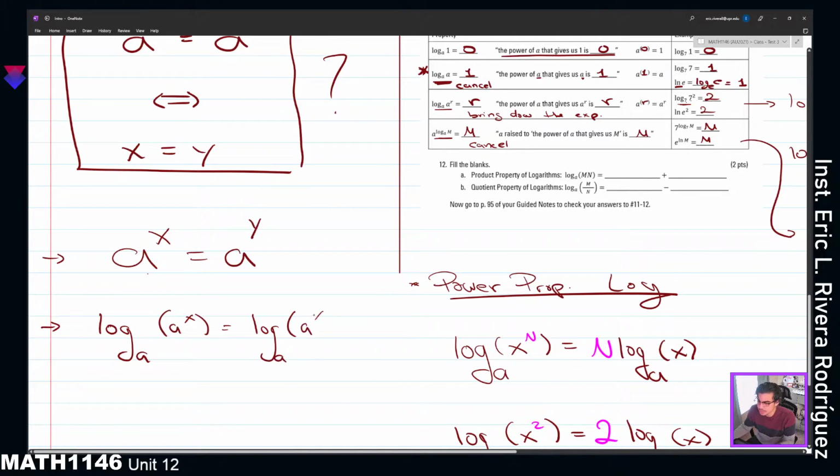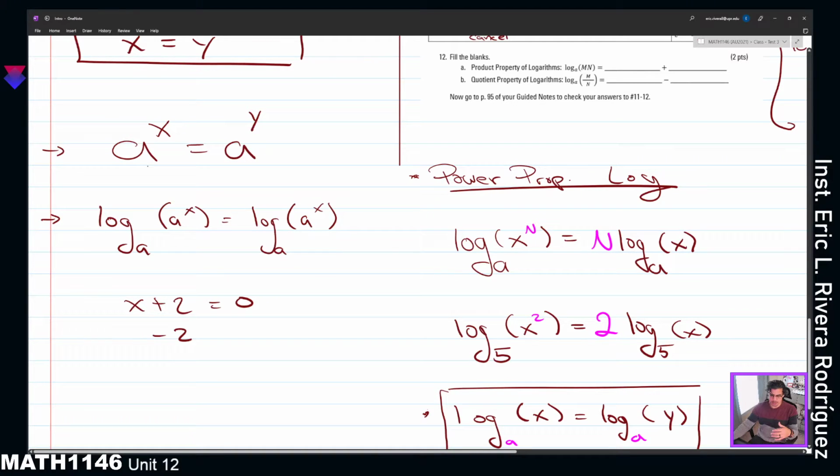This is very similar to when we want to cancel, for example, 2 from the left side, we use the inverse operation of addition, which is minus 2. Okay, and that way we can solve for x. So we have an exponential equation, so we use a logarithmic function to cancel the exponential operation.